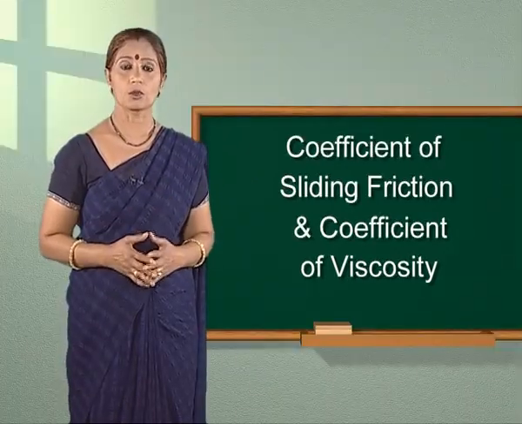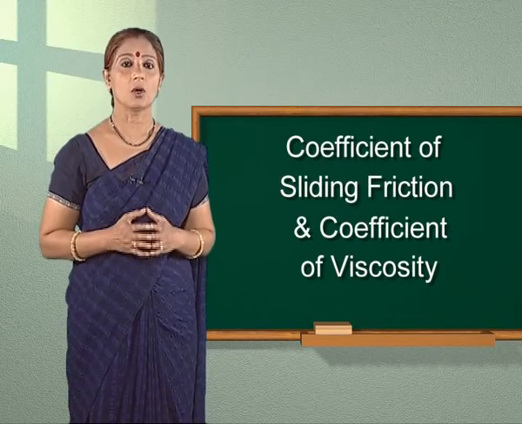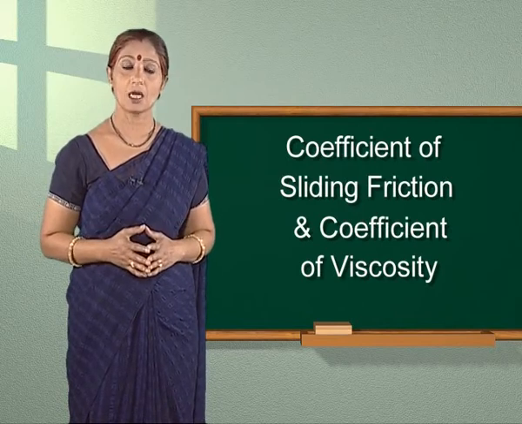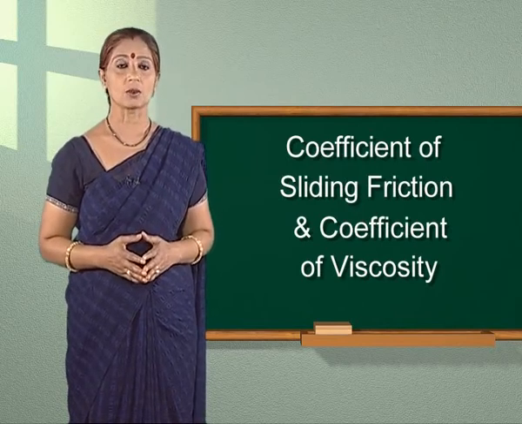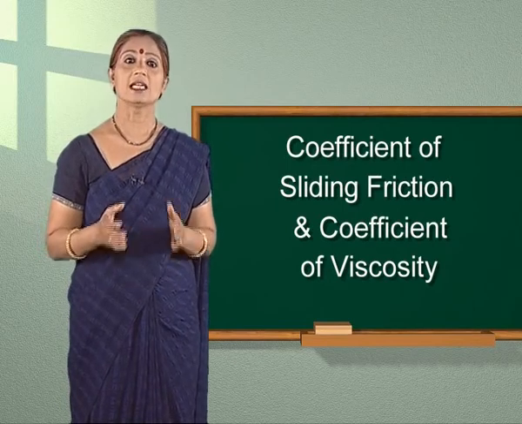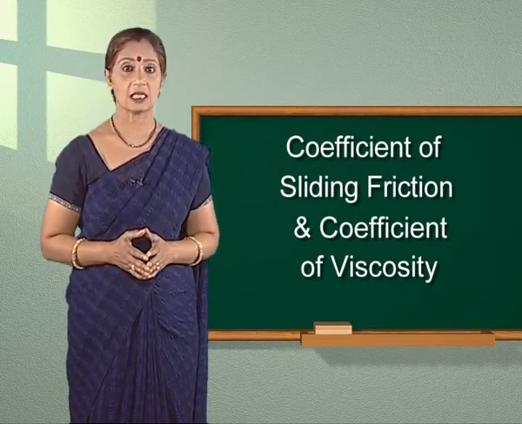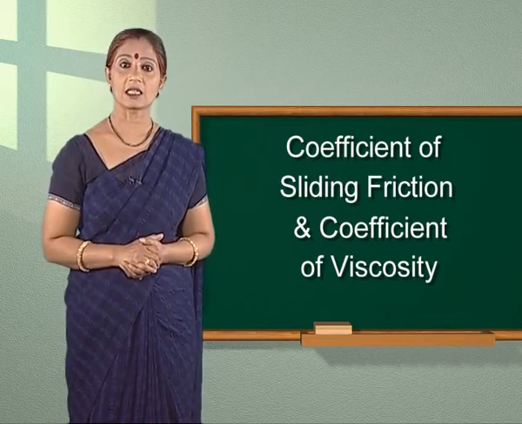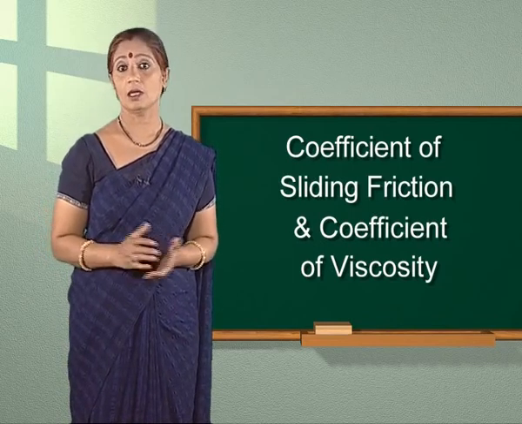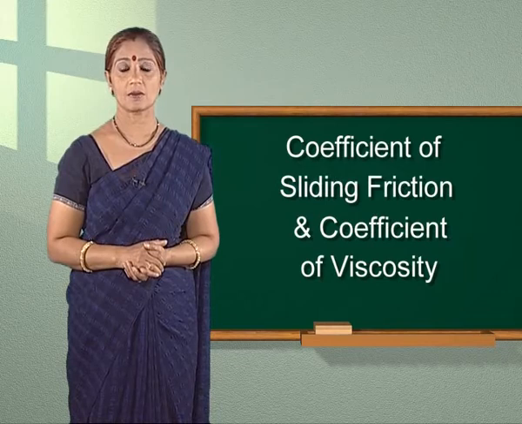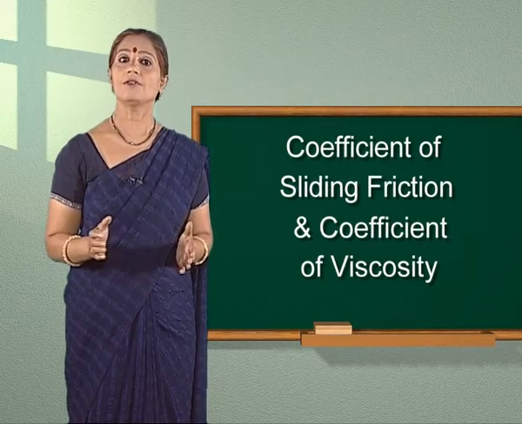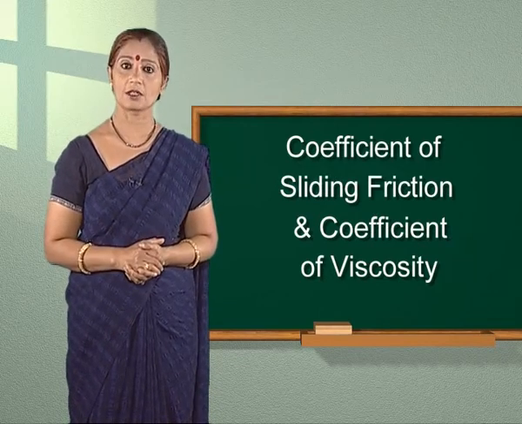When a boat moves slowly on the water of a calm river, the water in contact with the boat is dragged with it, whereas the water in contact with the bed of the river remains at rest. Velocities of different layers are different.